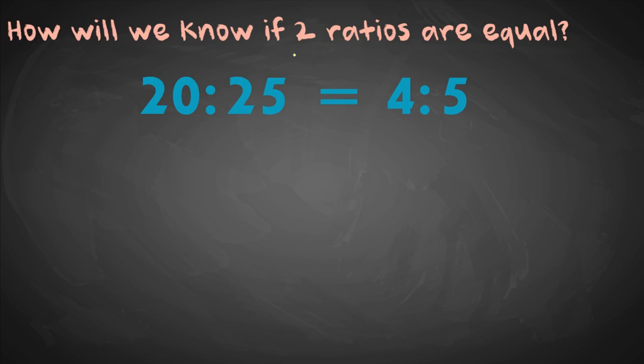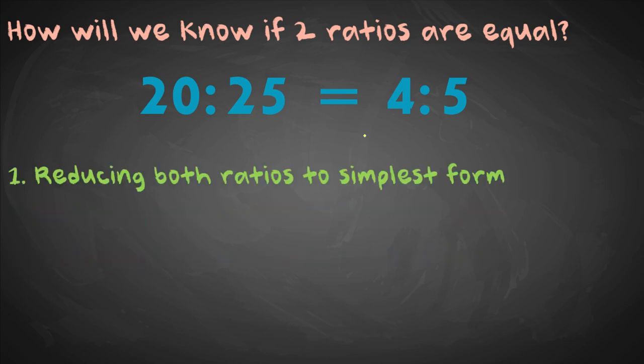How will we know if two ratios are equal? So, merong tatlong paraan. The first one is by reducing both ratios to simplest form. Halimbawa, yung 20 is to 25, katulad ng ginawa natin kanina, i-reduce natin sa lowest term. Ang ginamit ko ay continuous division.